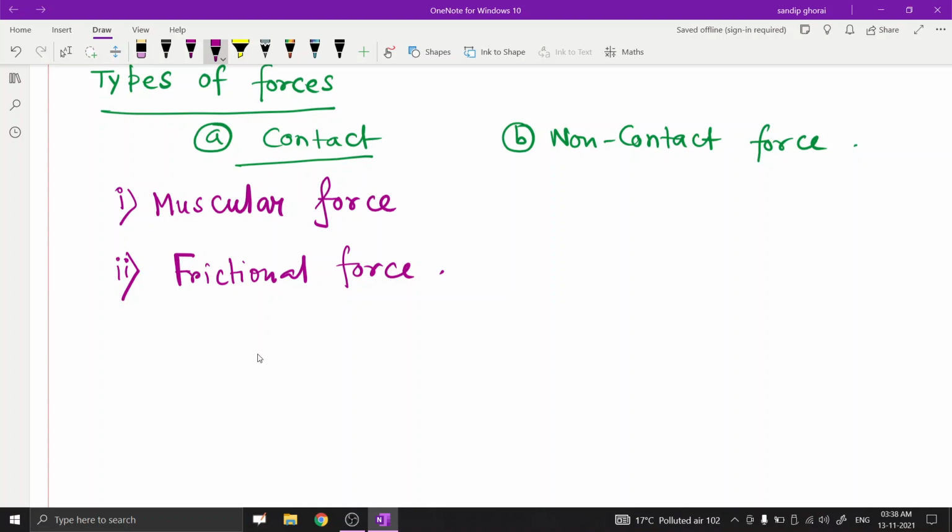Okay. Now we move to our second type of force, that is non-contact force. There are several types of non-contact force, or examples, like the first, gravitational force.